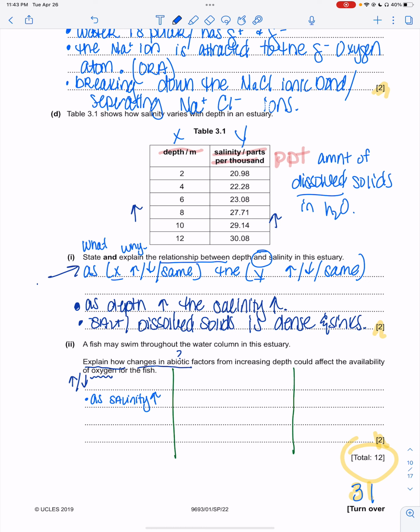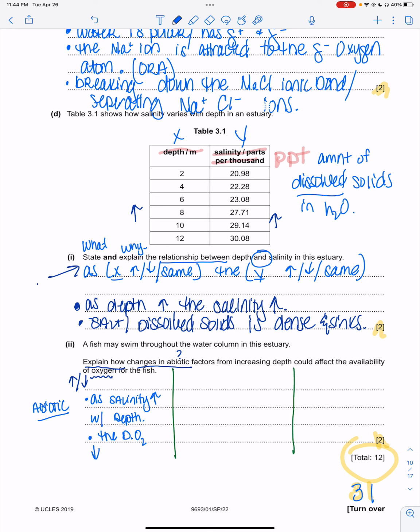as salinity increases with depth, so this is your abiotic factor, then we'll say the dissolved oxygen decreases.